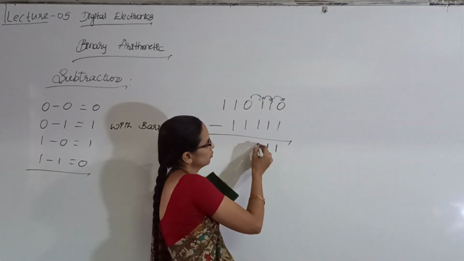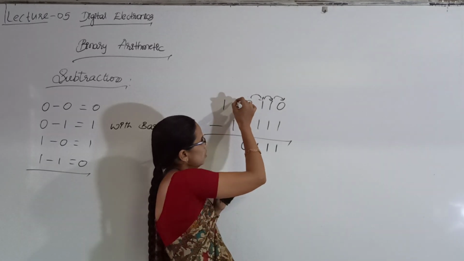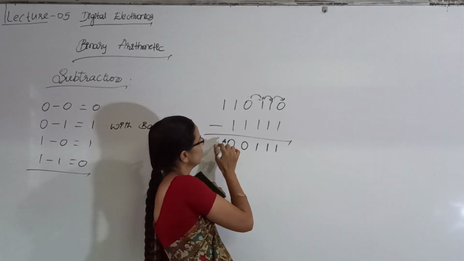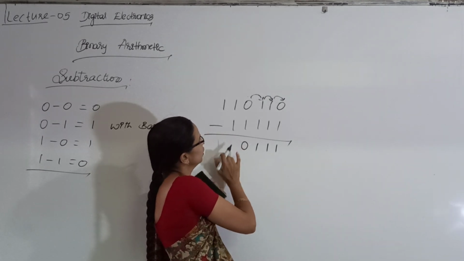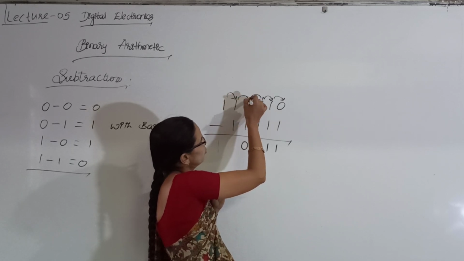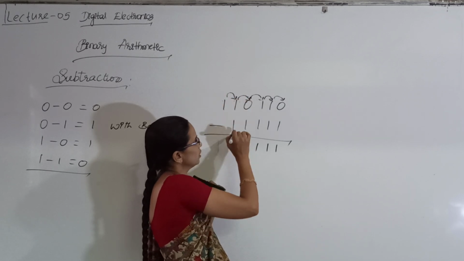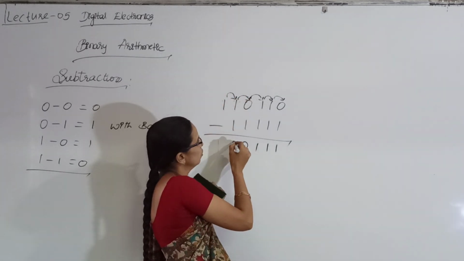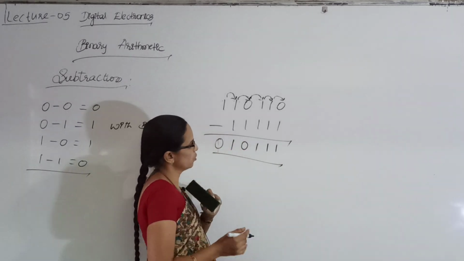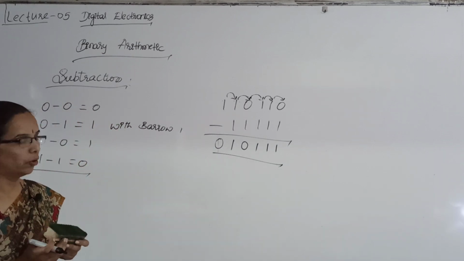Here it will be 1 minus 1 is 0. Sorry, again I have to take borrow here. I have already taken borrow from here, so again I have to take borrow from here to here. Again it is 2 minus 1 is 1. And here it is 0. 10111 is the right answer. Okay.